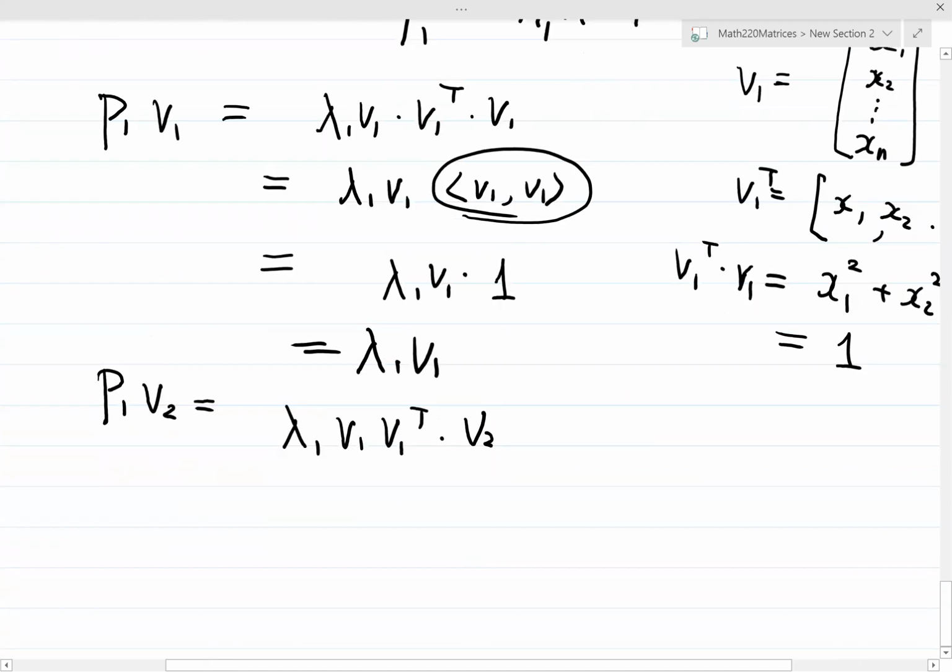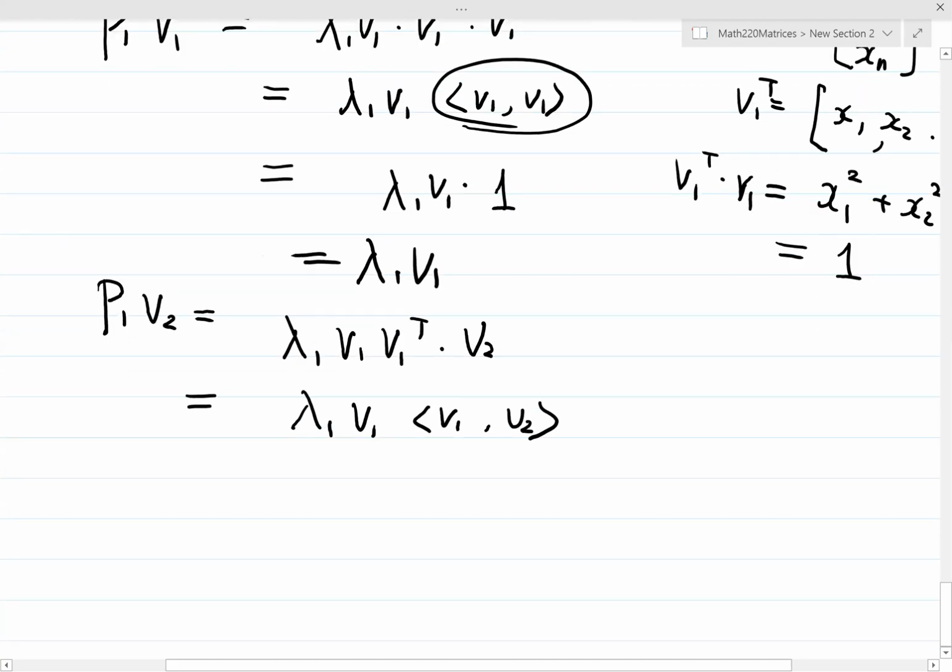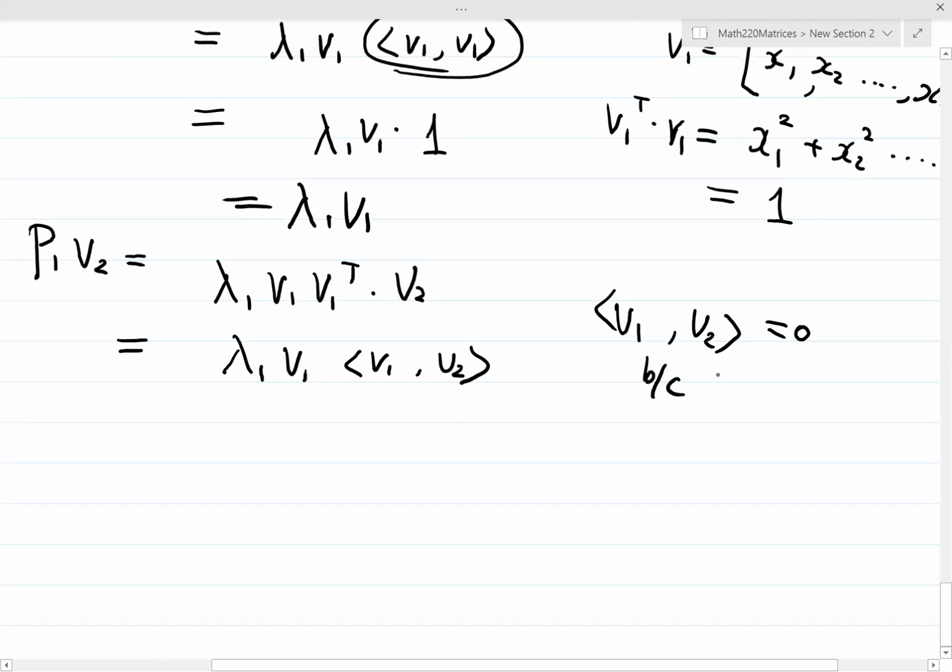Remember, the eigenvectors corresponding to distinct eigenvalues are orthogonal. So it's lambda 1 times the inner product of V1 with V2, and this is 0 because V1 is orthogonal to V2.